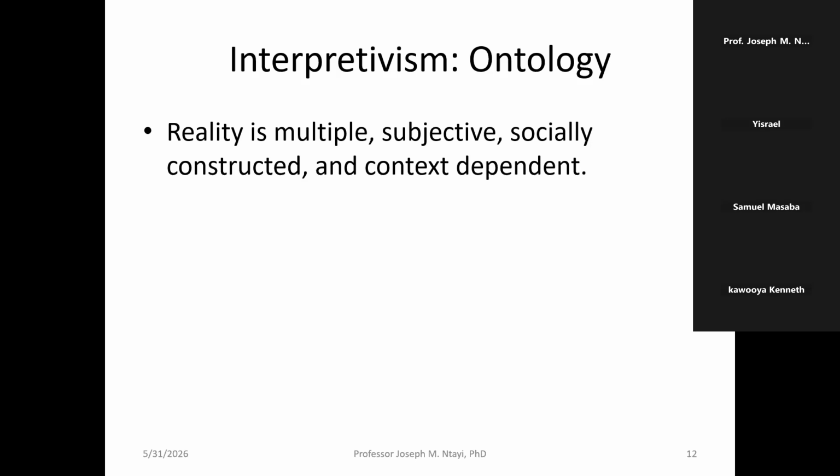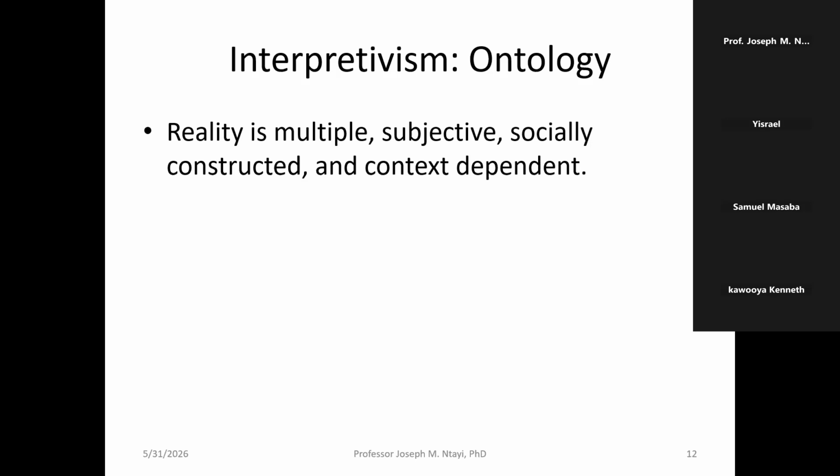But even then, that reality is socially constructed, as I did say earlier on, and is socially negotiated, and it is context dependent, right? So meaning that different individuals, right, may experience the same event differently and may also offer differing explanations.